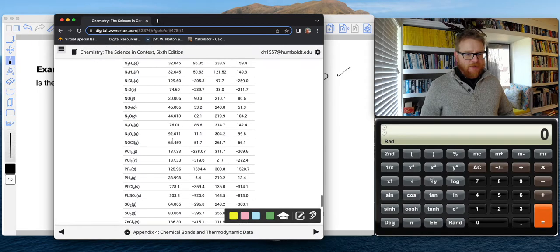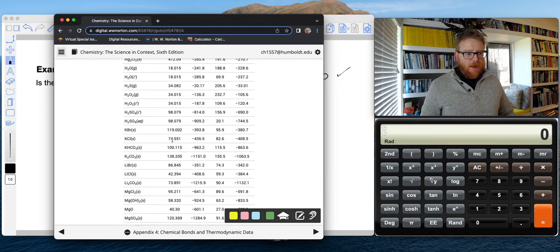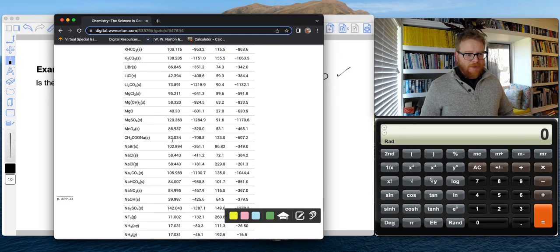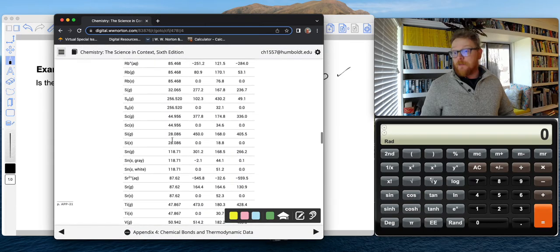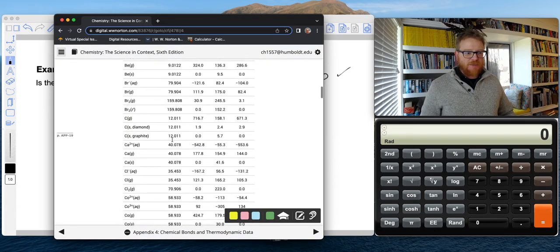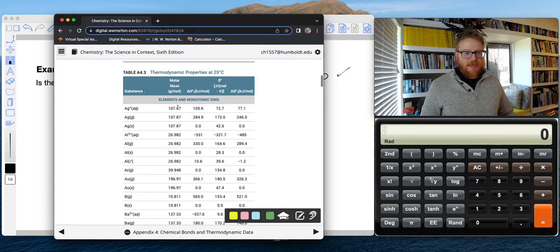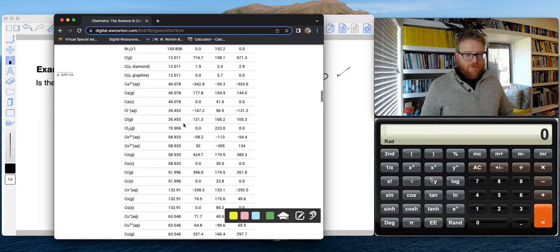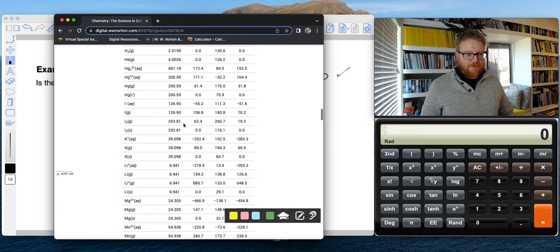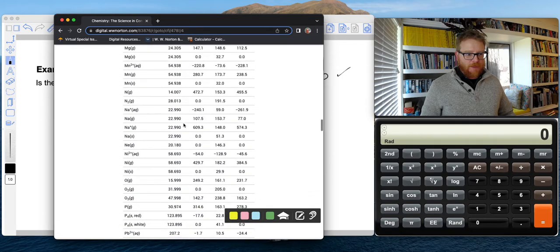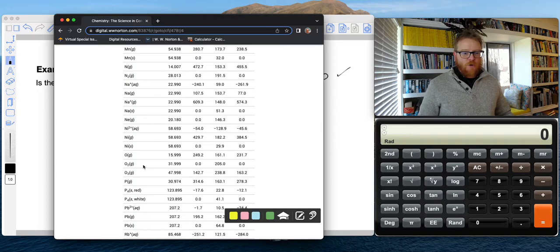Let's find it. Oh, it's under elements, of course, because it's oxygen. So let's keep looking. There's nitrogen. Aha, O2 gas.